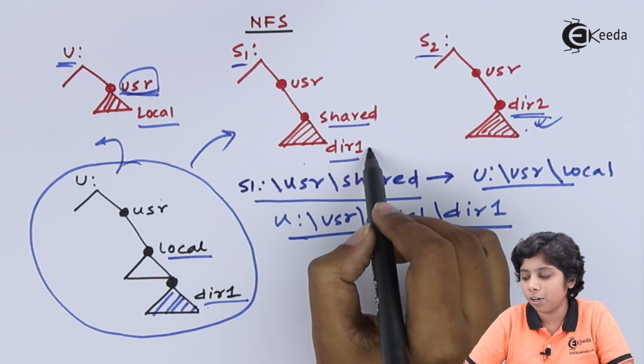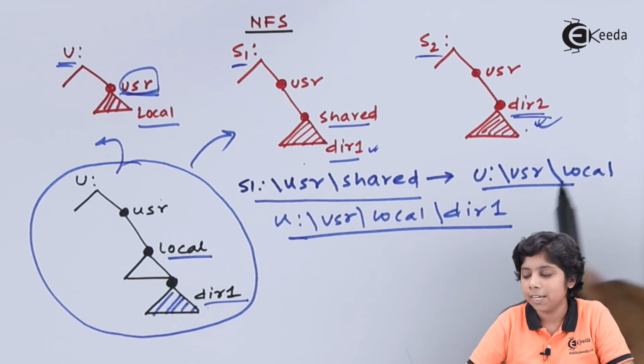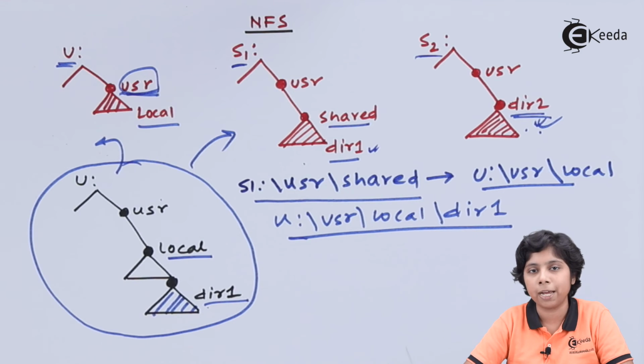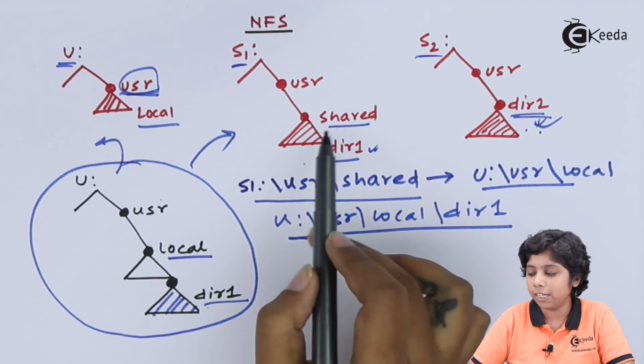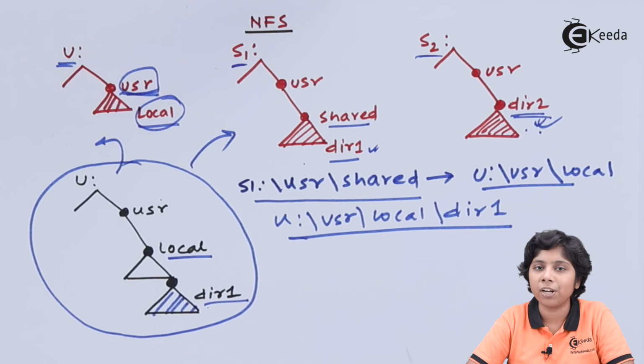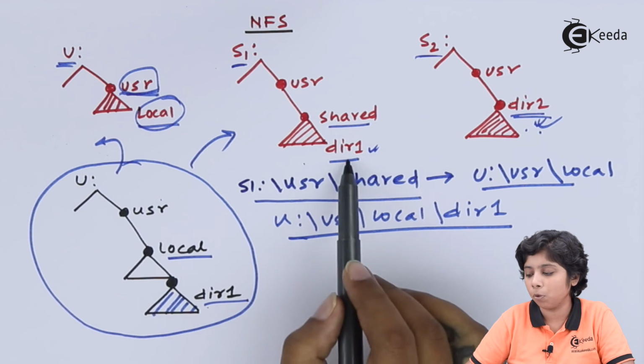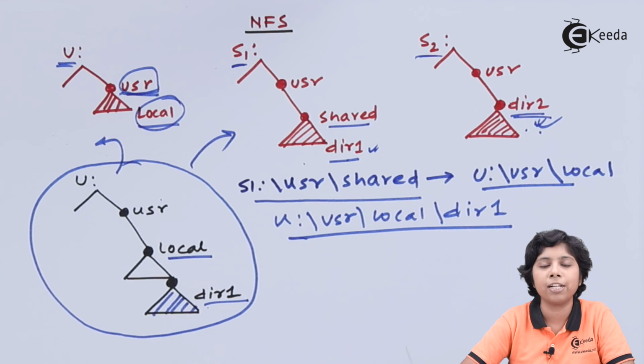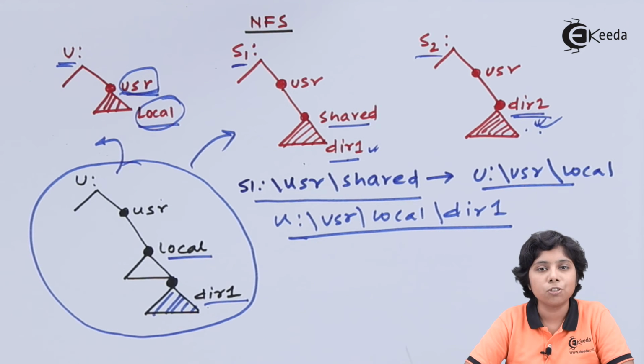Say this dir1 has one type of system files and dir2 has another type of system files. These two can be mounted to the local, because local is a part of an NFS which will support both the files of dir1 and the files of dir2. So the heterogeneous nature of NFS can be advantageous on multiple types of file systems.